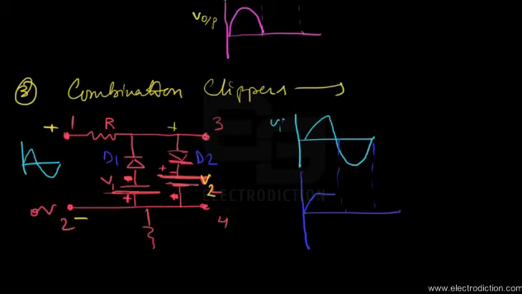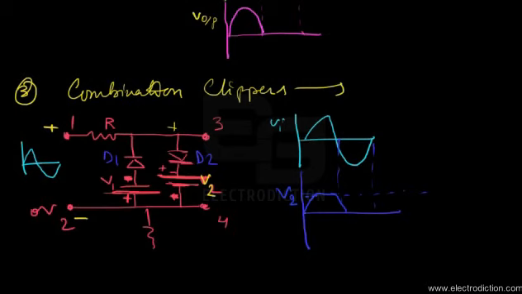It cannot increase beyond V2 and gradually decreases, as does the input signal's first half. So here we have the voltage level V2 at which it's been clipped off on the positive half.